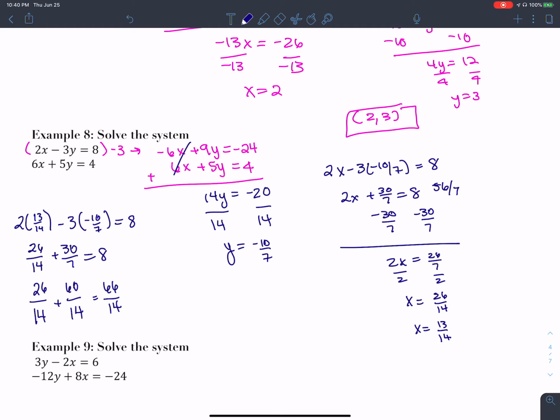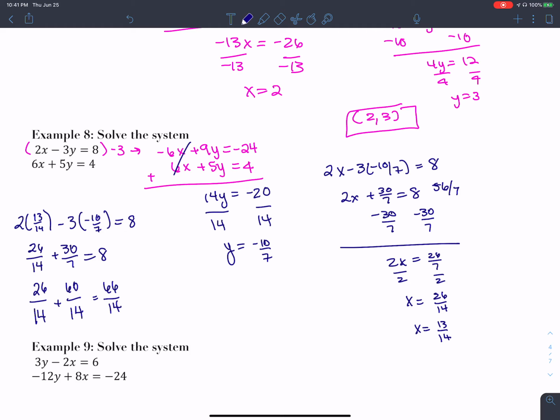So 9, 10, 11, 12, 13. Negative 24 plus 4. Yeah, I don't know where I messed up.